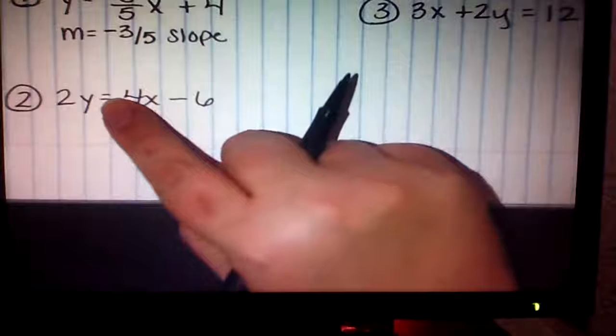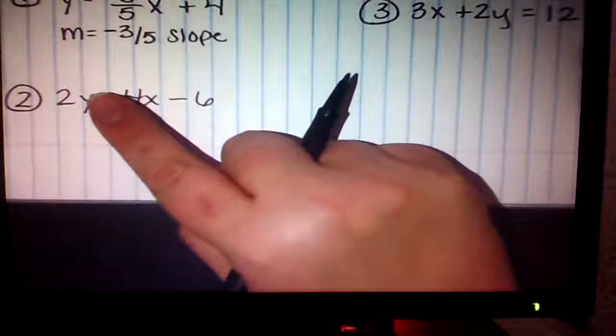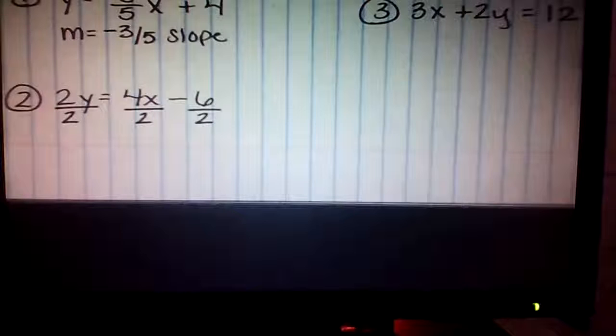So this one, there's a problem. My y is not by itself. There's a 2 there. How do I get rid of that 2? We divide. Remember, when I divide by 2, everything has to be divided by 2.